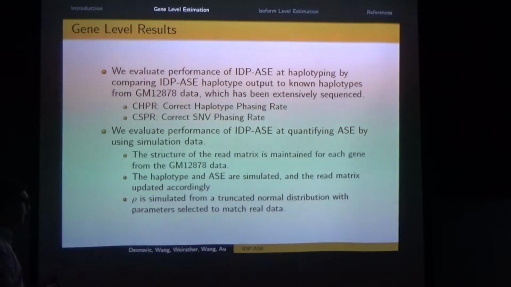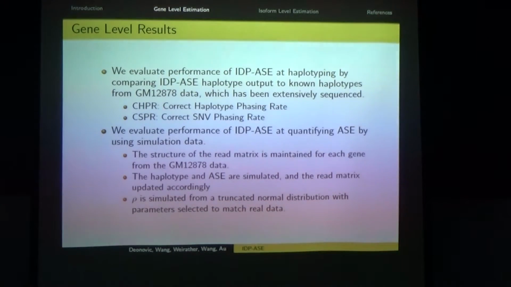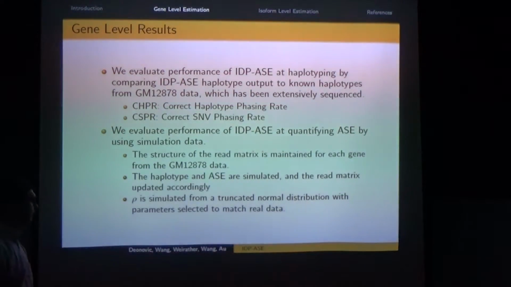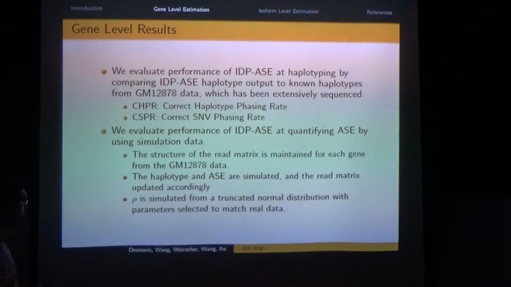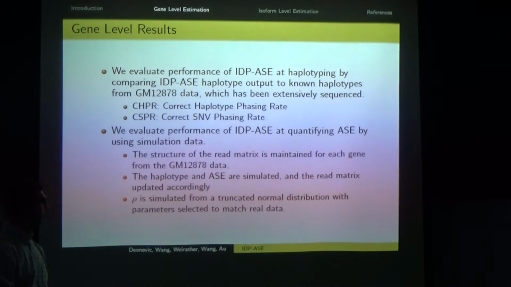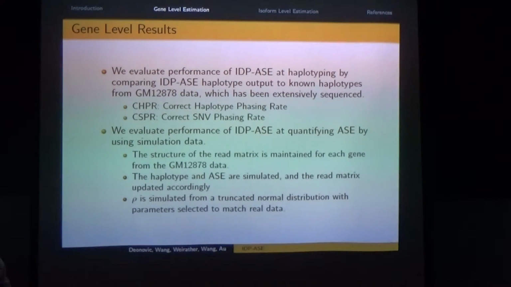But we simulate the haplotype and the rho parameter and then fill in the read matrix accordingly. The haplotype is simulated simply by flipping a coin, zeros and ones. And rho is simulated from a truncated normal distribution with parameters set to match what we've seen from real data.